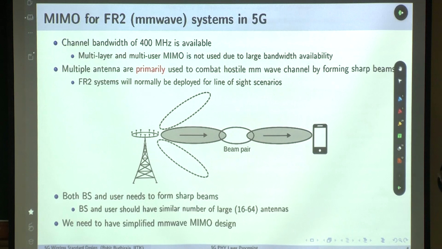So, your antenna size will also come down, which is good, because you can design antennas in a small patch. You can put it on one side of the mobile. It is not like FR1 where it has huge dimensions. Going from 3 gigahertz to 30 gigahertz, lambda is reduced by 10 times compared to FR1. Now, antenna size has come down by a factor of 10.